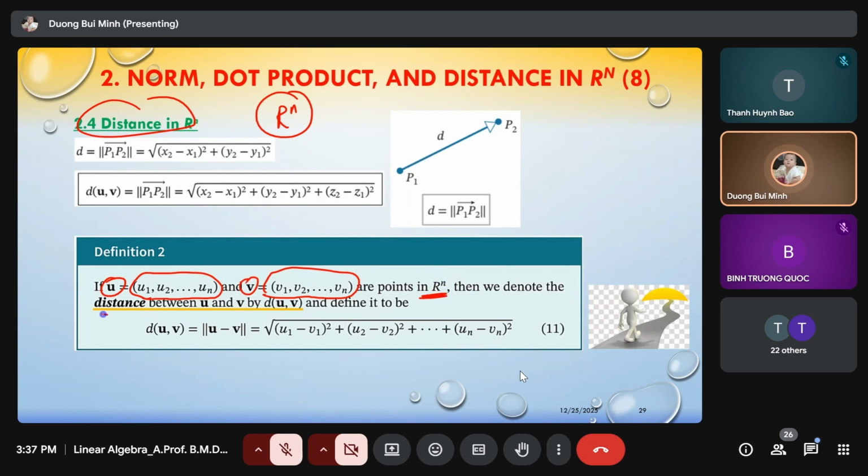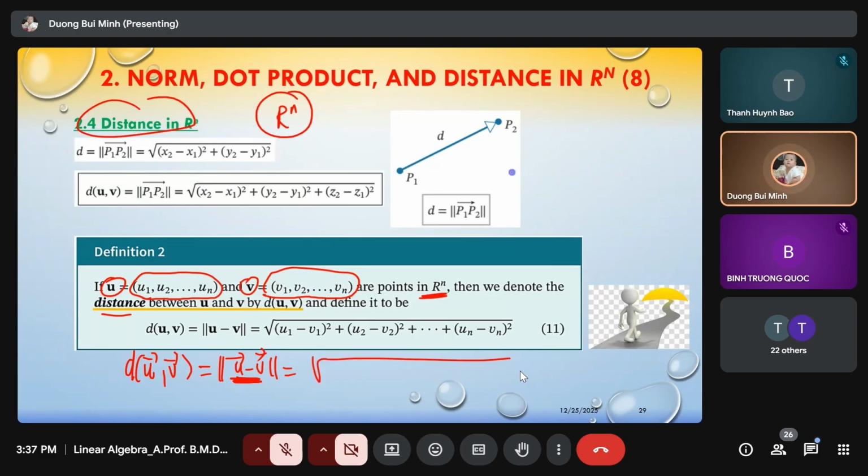The distance between vector u and vector v is the norm of u minus v, the norm of vector u minus vector v.